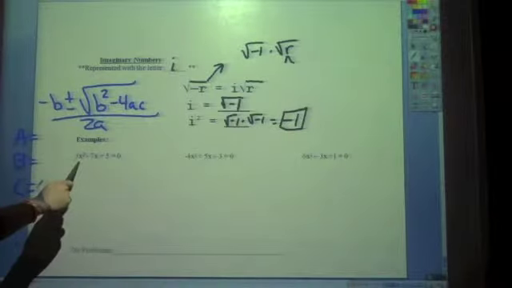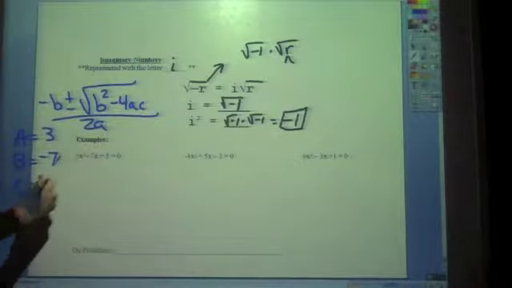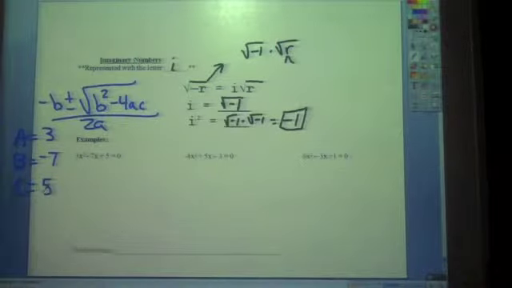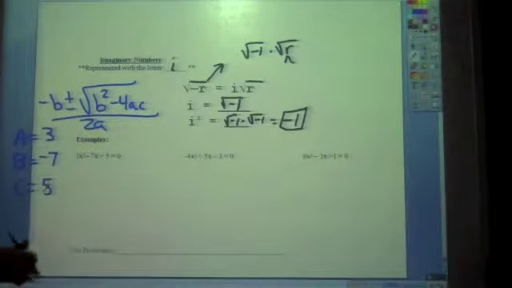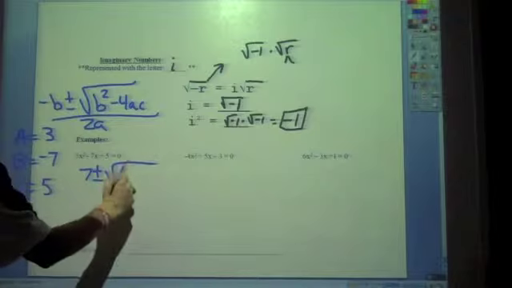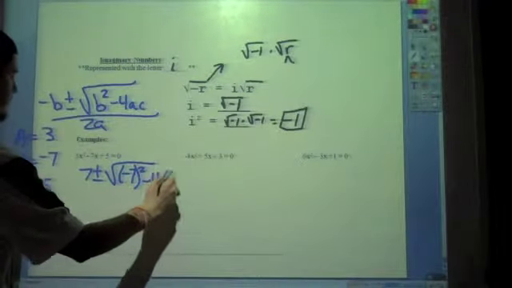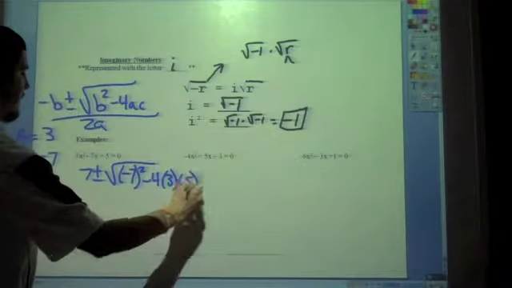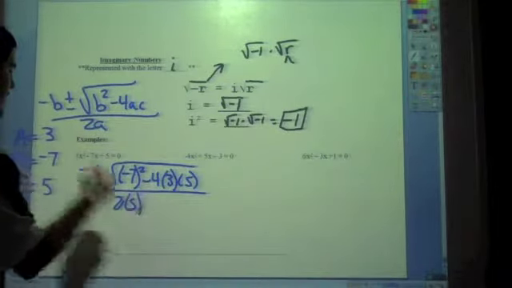In my first example here, a is 3, b is negative 7, and c is 5. So I take a, b, and c and plug them into the quadratic formula. Remember, we've already done this. So 7 plus or minus the square root of negative 7 squared minus 4 times 3 times 5, all over 2 times 3.